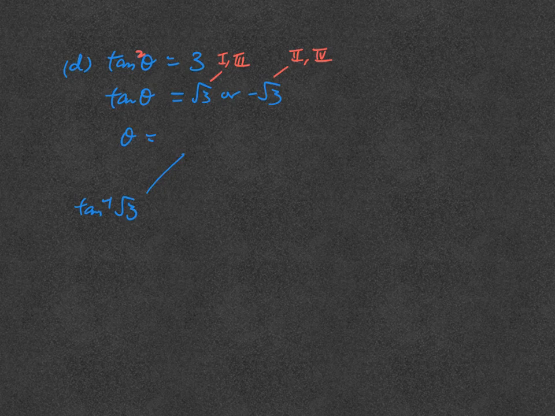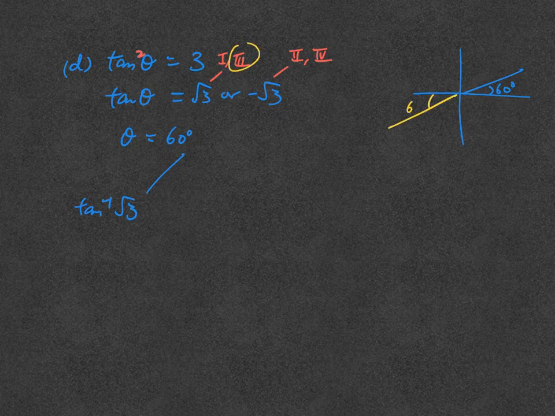You've got 60, right? So 60 degree is the first answer, and it is also the reference angle. In order to get the answer in quadrant 3, you draw another 60 degree on the x-axis in quadrant 3, and this big angle is our answer, which is 240 degree.